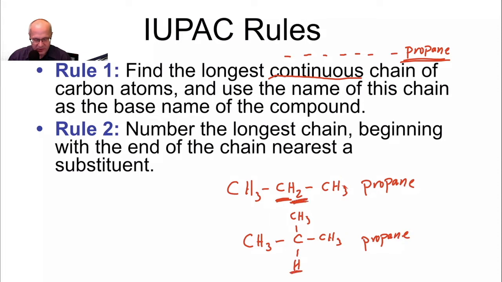This one has 1 hydrogen and a substituent attached to it. Okay? So this is a methyl propane because there's something attached to it. There's a non-hydrogen attached to it. The hydrogen's been removed and replaced with something else. That's what's happened here. Okay?